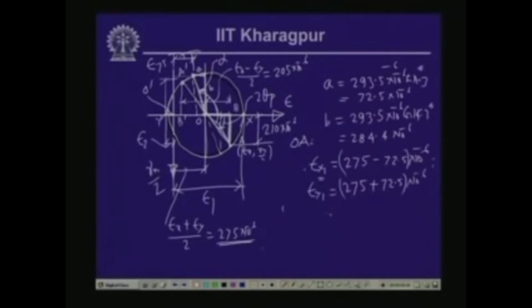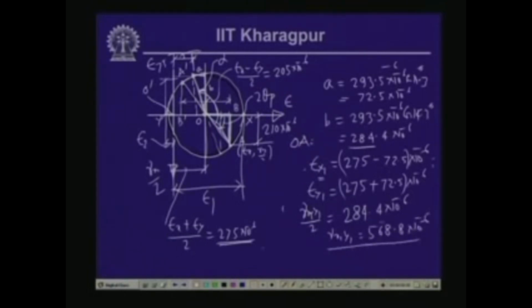And gamma x1 y1 by 2 is equal to the distance b, which is 284.4, and thereby gamma x1 y1 is equal to 568.8 into 10 to the power minus 6.